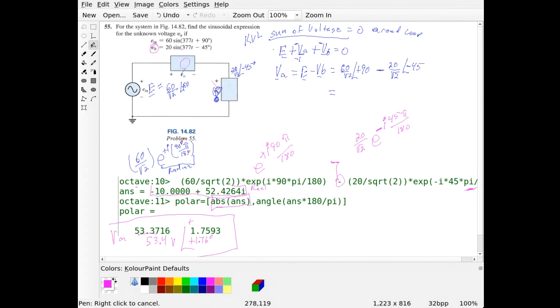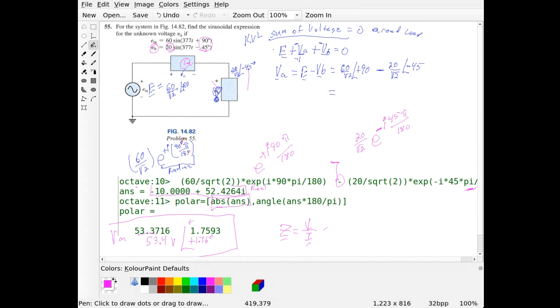So I can't find out what's inside of that box very easily here, because I know the phase shifts, but I don't know the actual current. Ohm's law is the impedance is the voltage divided by the current. But if I don't have a current, I can't find out what's in the box.